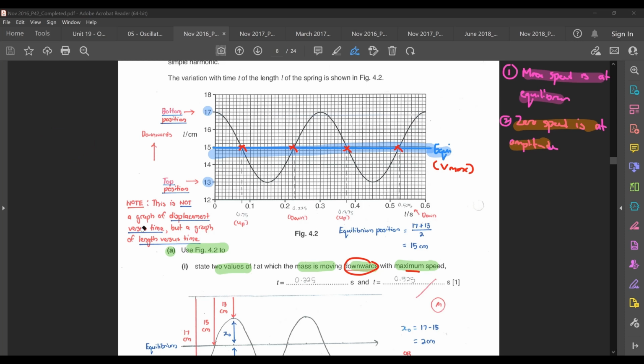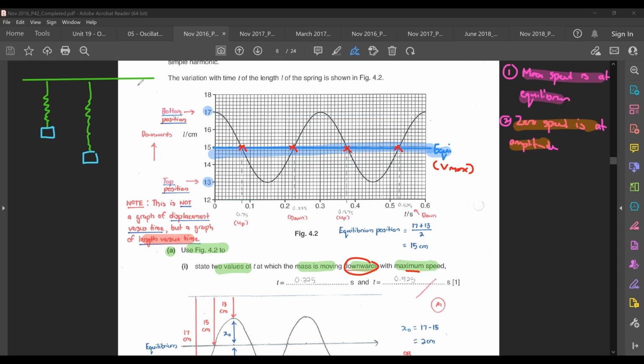So one of the things to note was that this is a graph of spring length versus time. So if you try to imagine how your spring would look like as your mass oscillates, this one could be, say, your top position, like this. This one, say, could be your equilibrium position.